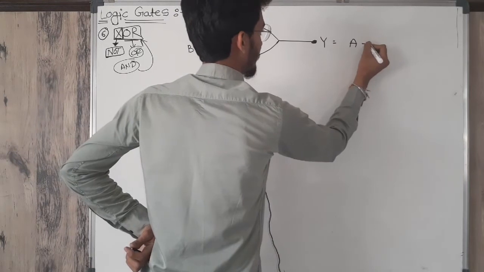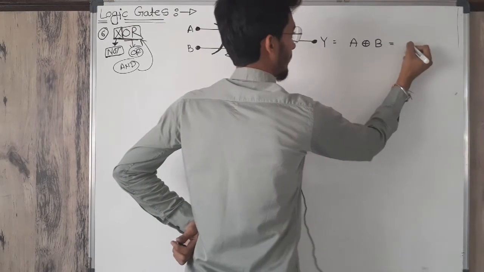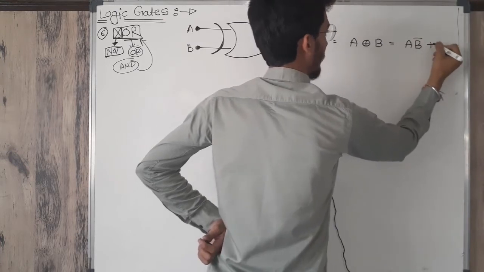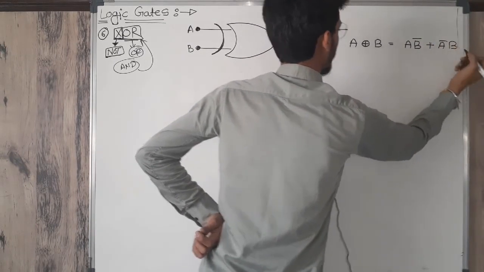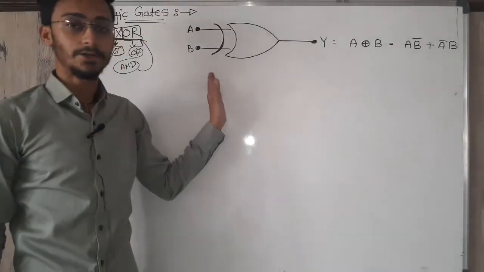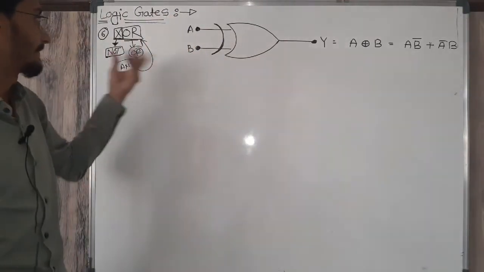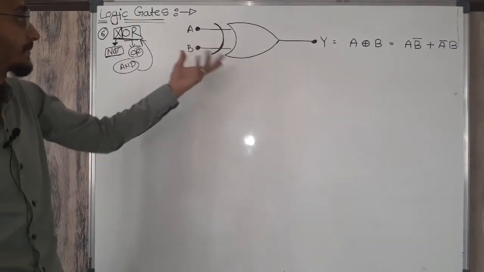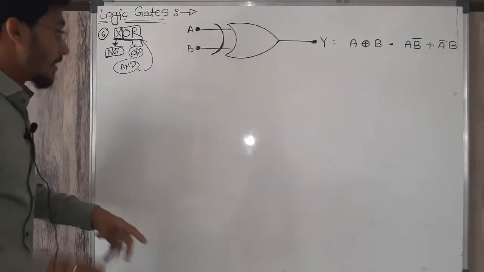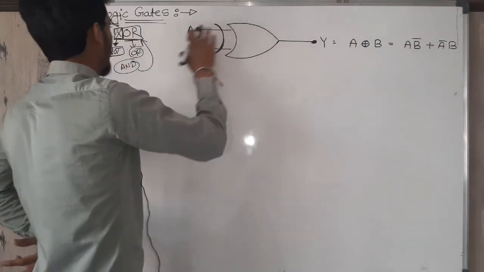It's like A XOR operation and B. Also we can write it like this, AB bar plus A bar B. Okay, listen to me. This is the representation of a XOR gate. This is a specific representation for the XOR gate, right?